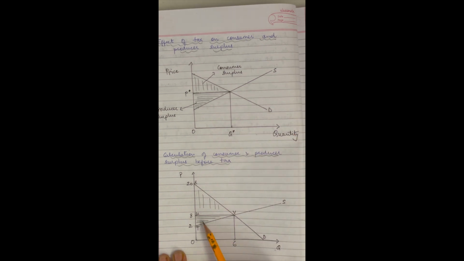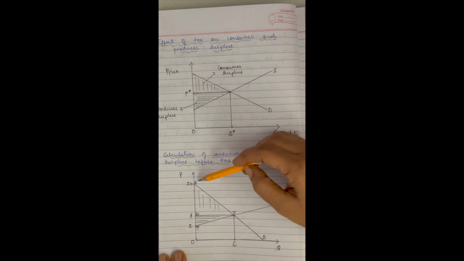The area below my equilibrium price but above the supply curve gives me my producer surplus, this triangle. So the UVT triangle gives me my producer surplus, and the RVU triangle gives me the consumer surplus.